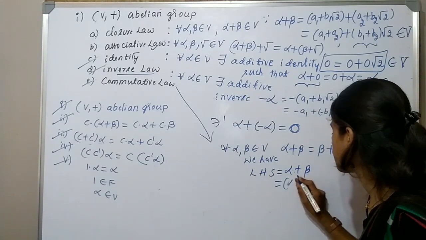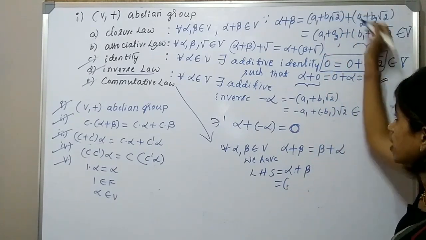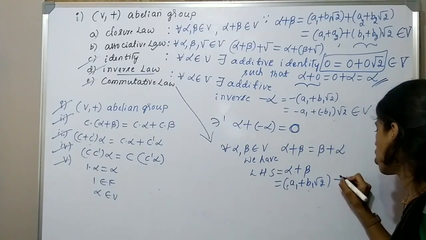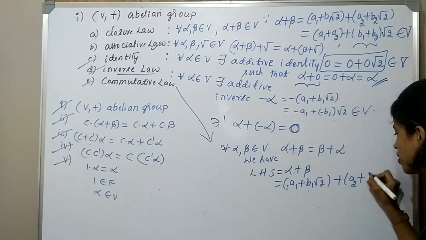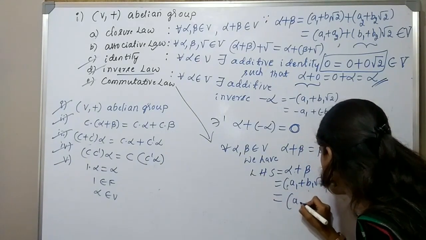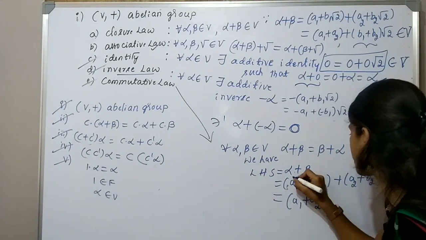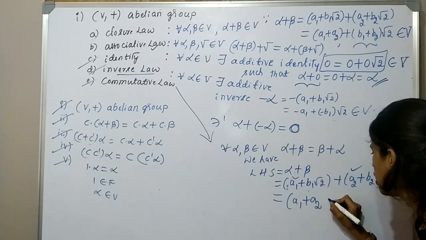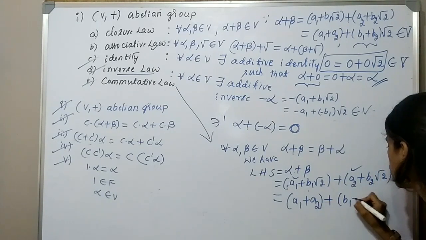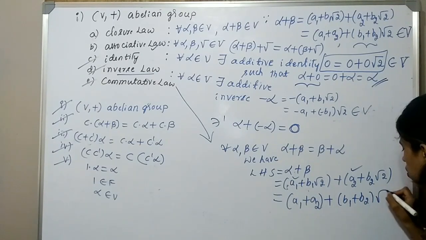What is alpha? a1 plus b1 root 2. Plus beta, which is a2 plus b2 root 2. So what is that? Take a1, a2 one side, a1 plus a2, and next one, b1 plus b2 root 2.